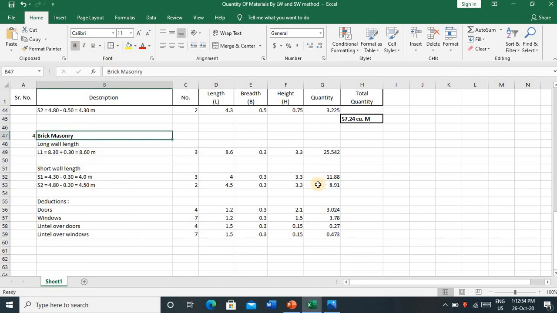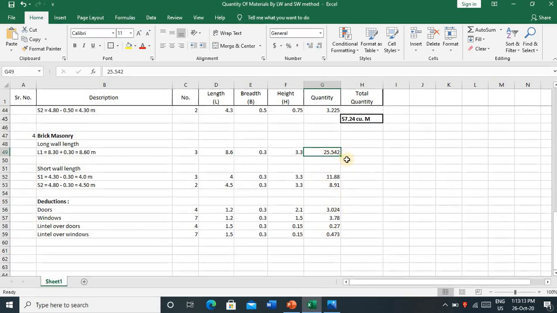Okay, so once you finish with this, you need to consider the deductions, and from this total quantity you have to deduct this quantity. Because this is the deductions, and you should not add this quantity in this. If you add this, your sum will go wrong and you will lose 4 marks for your brick masonry quantity.